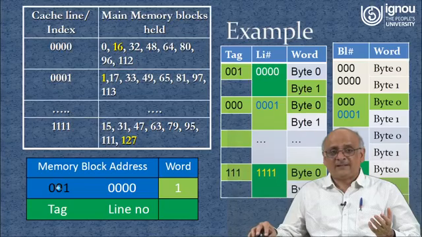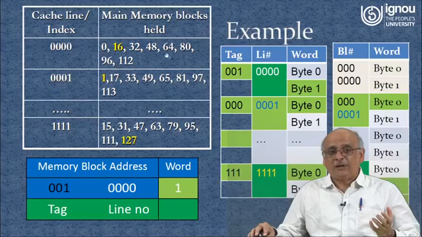But our main concern is these 7 bits and how they are mapped. This is equivalent to 16. So this presently is holding location number 16. It is not holding 32, it is not holding 0, it is not holding 48. At present it is holding location number 16.